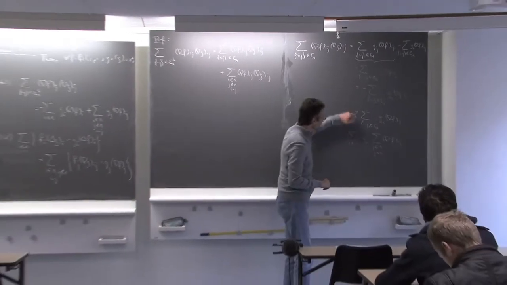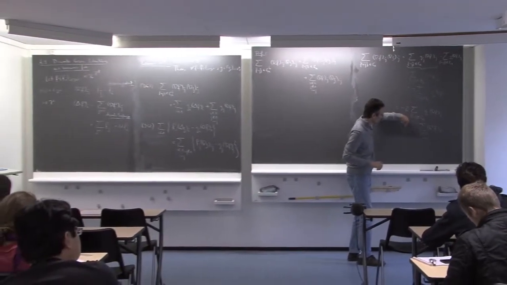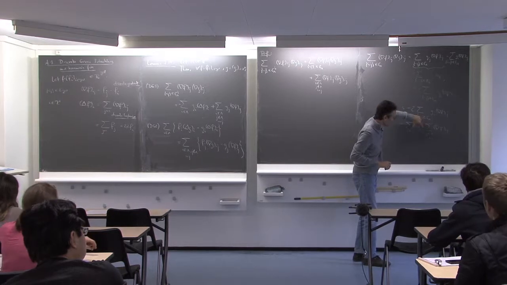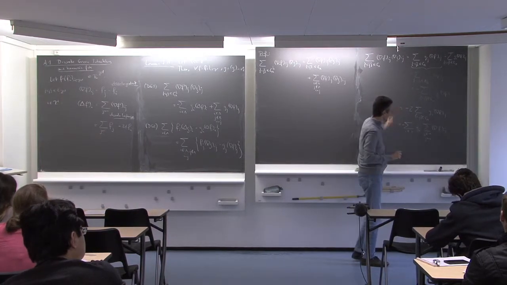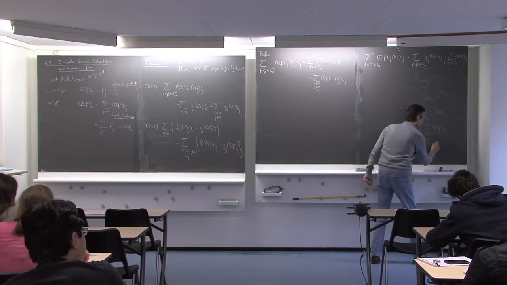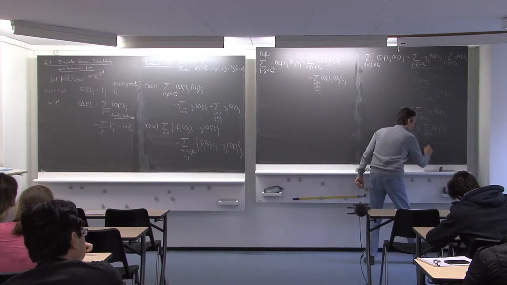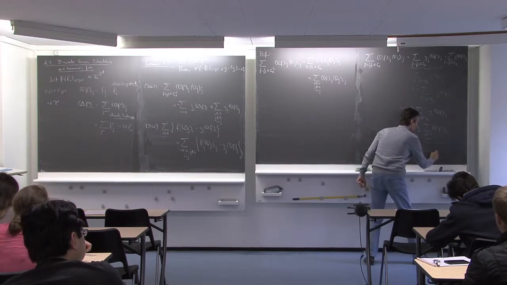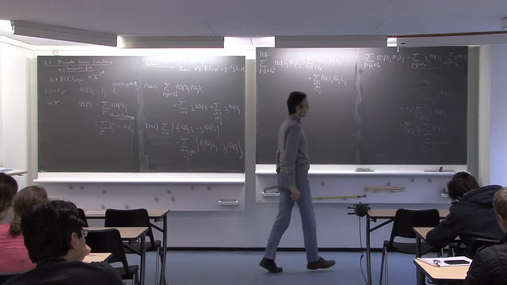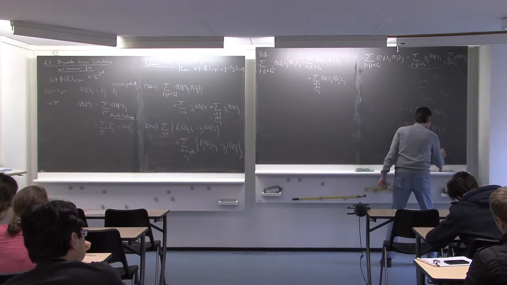But the 2 has disappeared, because when I sum over i and j, I will also have the term j and i as another term in the sum, so it gives me the 2. So this is almost the Laplacian of f at i. But I have to remove something.